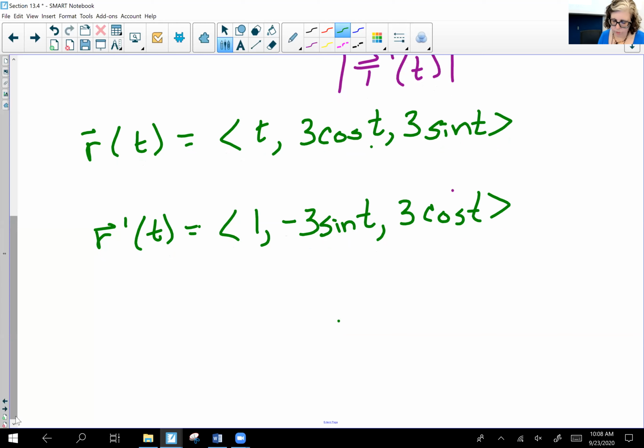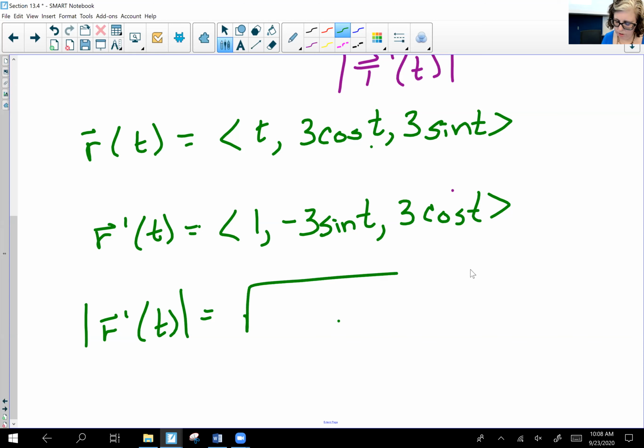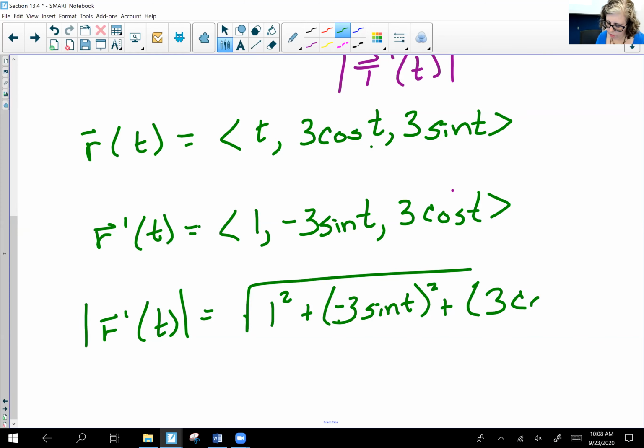Okay, so let's go ahead then and look at what's going to happen with the magnitude. And as I said, this is closer to what you'll see on an exam. This is going to be the square root of 1 squared plus (-3 sine t) squared plus (3 cosine t) squared.